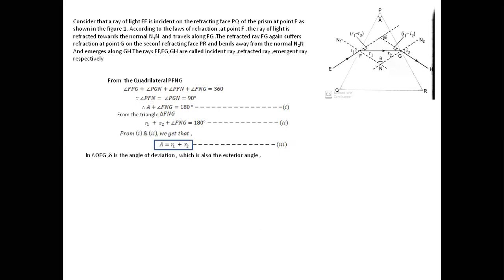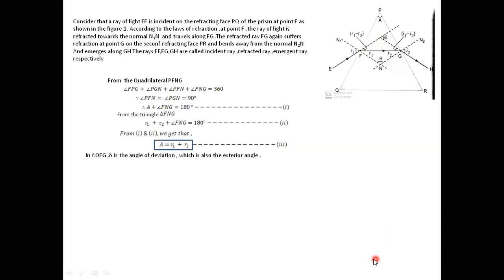Now again, if you consider triangle QFG, you can just make a note that Q is this point where I have pointed my spotlight. In this triangle QFG, del is nothing but my angle of deviation, which is also my exterior angle.